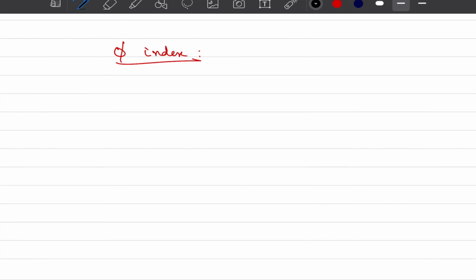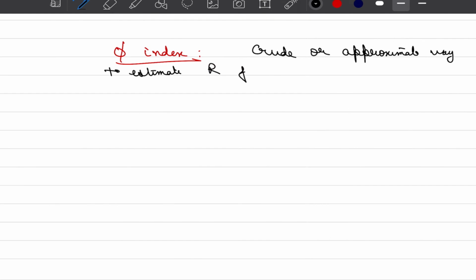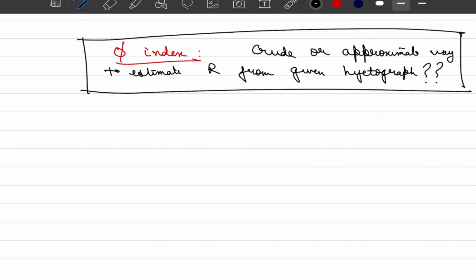So the question arises: is there any crude or approximate way to estimate the runoff? Runoff is water that is running away after all the losses from a given hydrograph, without using so many equations and so many parameters. We will try to understand this concept of phi index in our next video. Thank you.